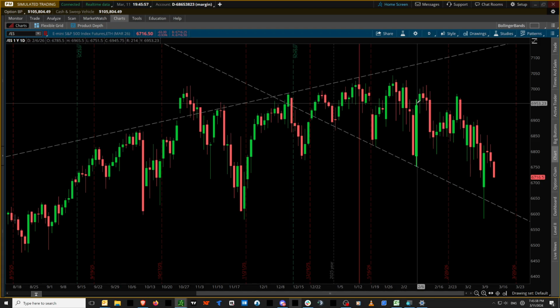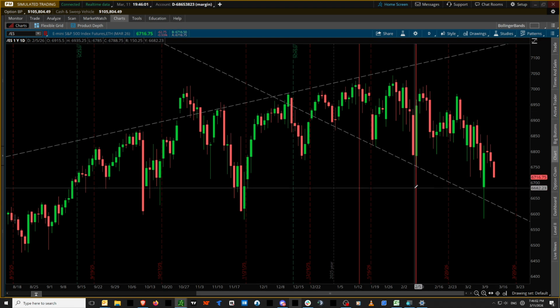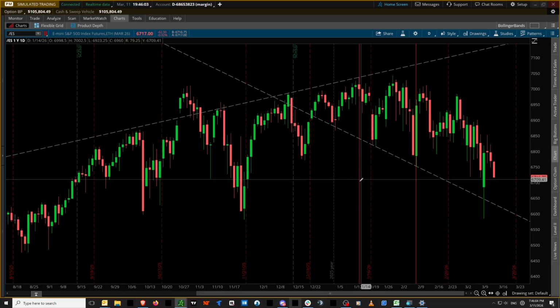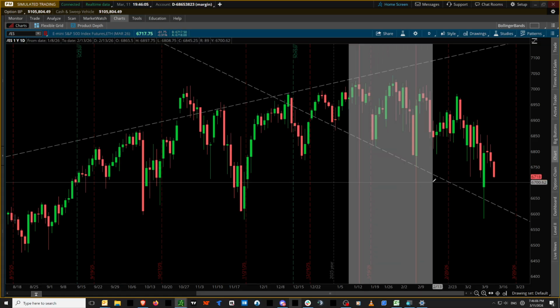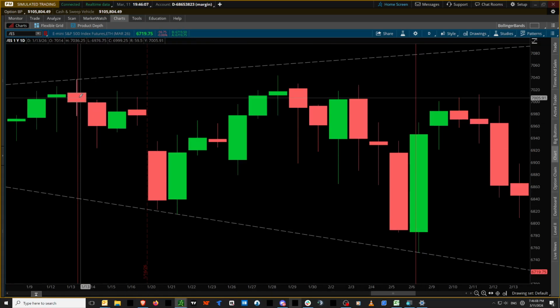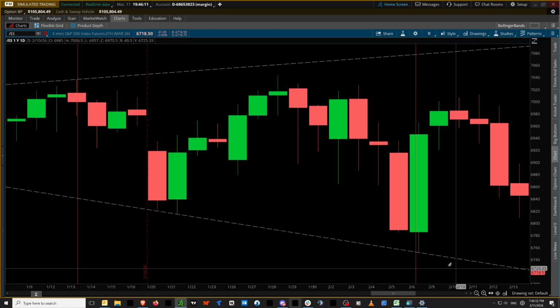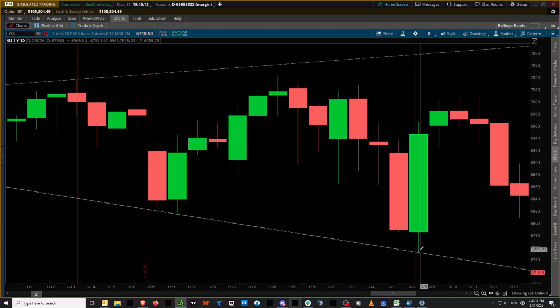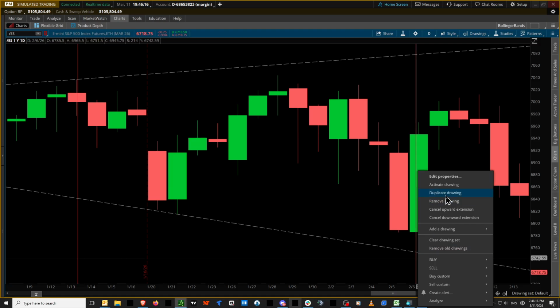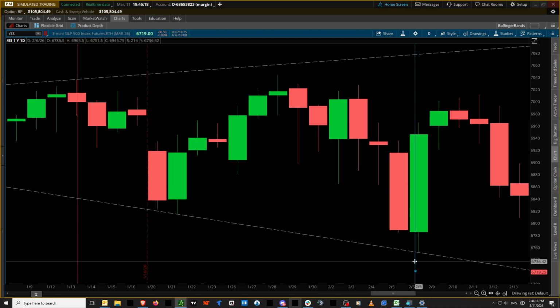Put my vertical line on this candle right here. Okay, let's zoom in. Any adjustments? That one is to the tick. This one is to the tick. This needs to move just a little bit right there.